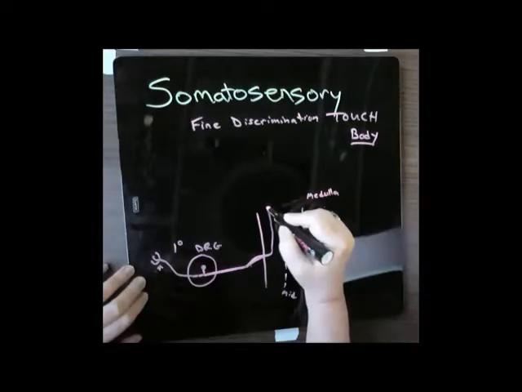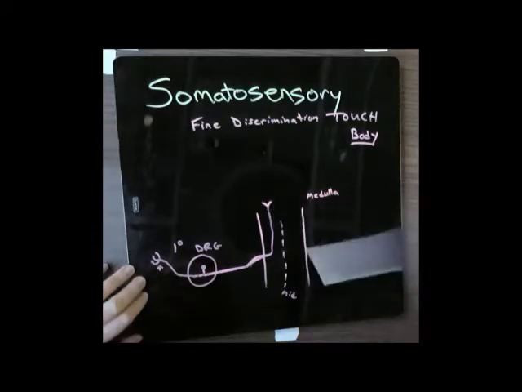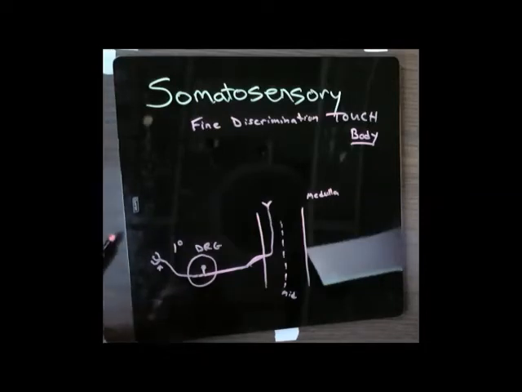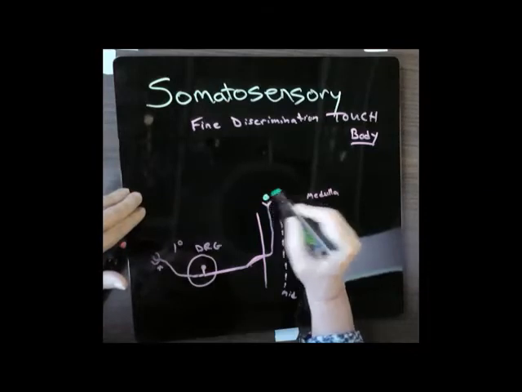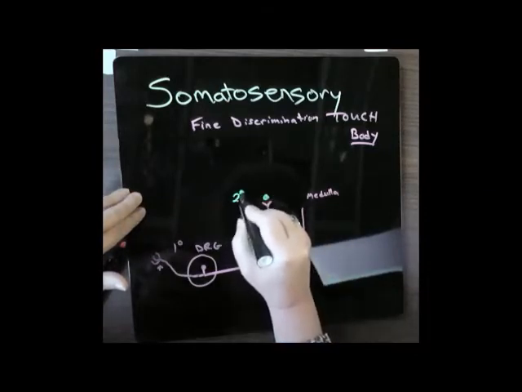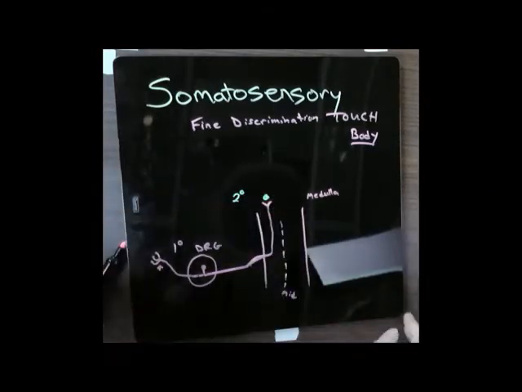Okay, so when it gets to the medulla, it's going to create a synapse with the second order neuron in the pathway. This is the brainstem neuron, the second order neuron in the pathway. Now for all of these somatosensory pathways going to consciousness, the axon of the second order neuron always does the same thing.